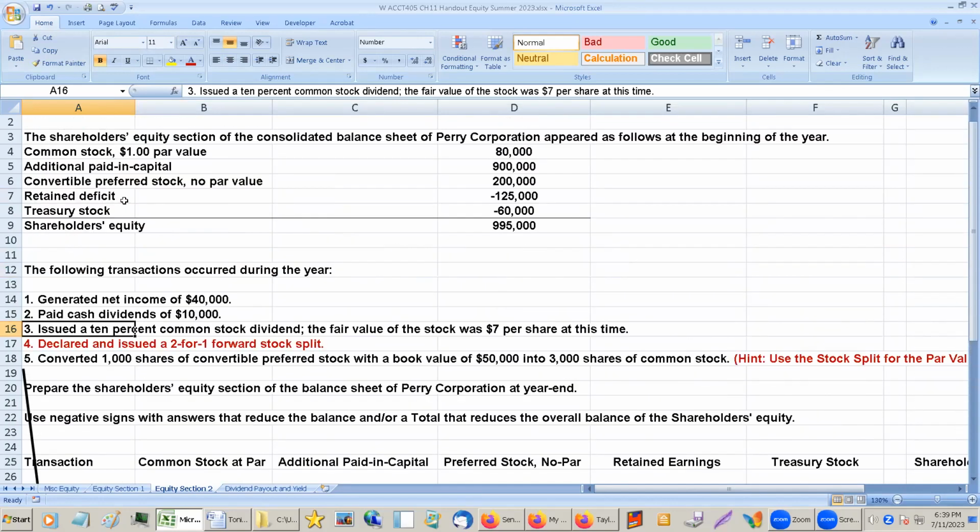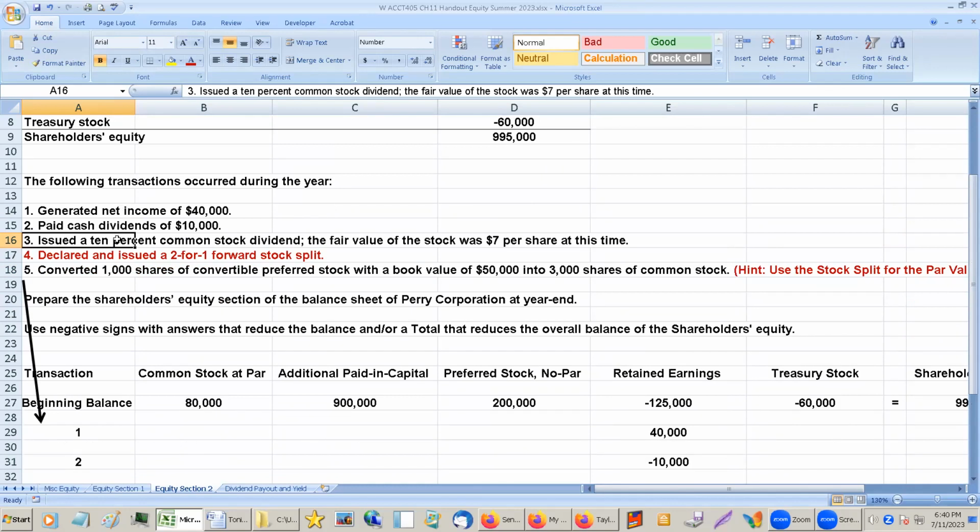And I'll tell you why. Instead of getting cash, you're getting extra shares of stock. The company says, we're not going to pay you cash, but we're still going to send you a dividend, and the dividend is going to be in stock.